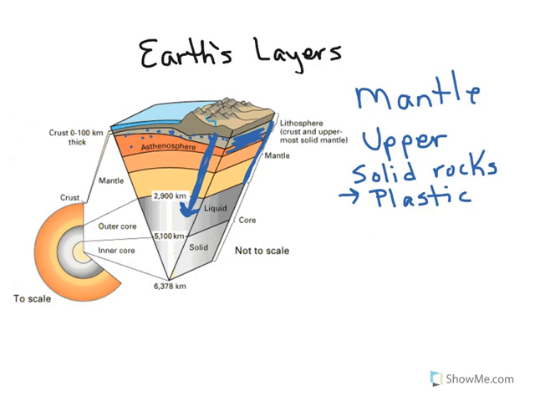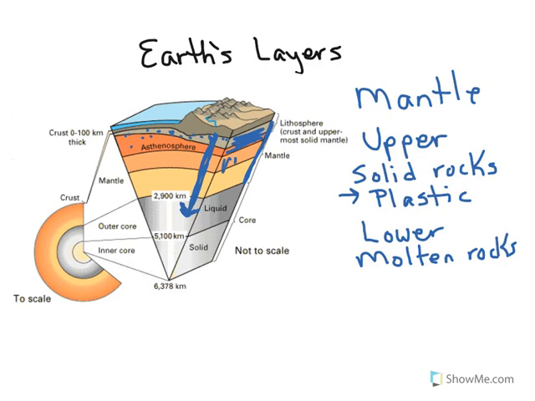The section below that is called the lower mantle, and this is where you have molten rocks, where the rocks have melted to essentially a liquid consistency.